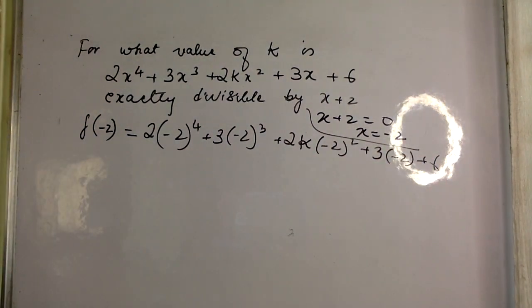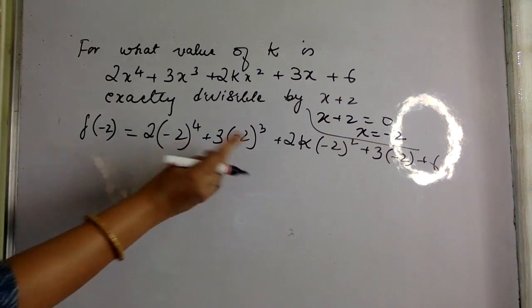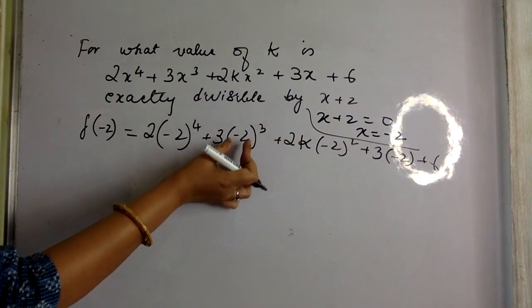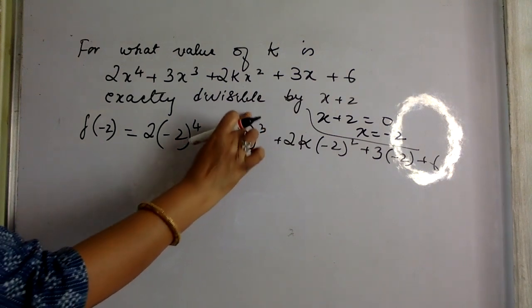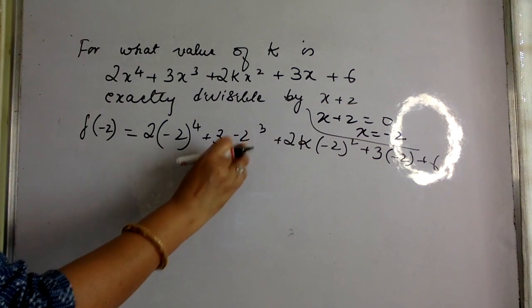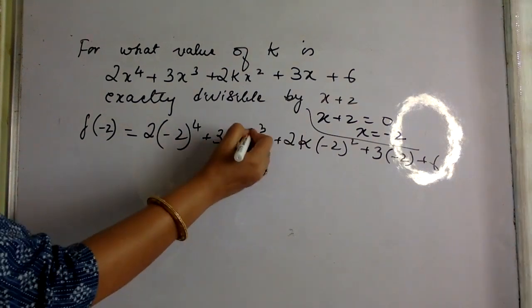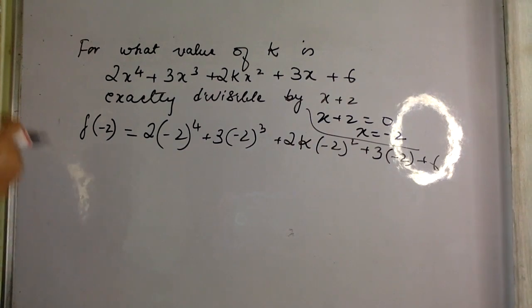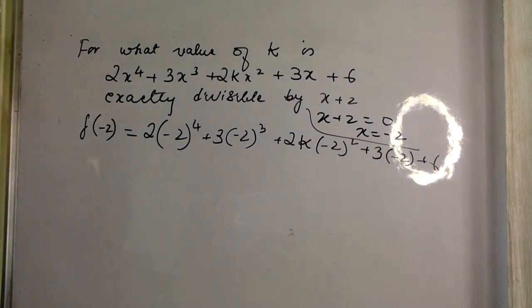So I have substituted and I put brackets. Note, without brackets, don't put the cube. Put the bracket outside the cube. If you don't use this bracket and you just put the cube here, you will be cubing only the 2 and not the minus sign. So you must put the bracket whenever you substitute. Even if it is positive, get into the habit of putting brackets.